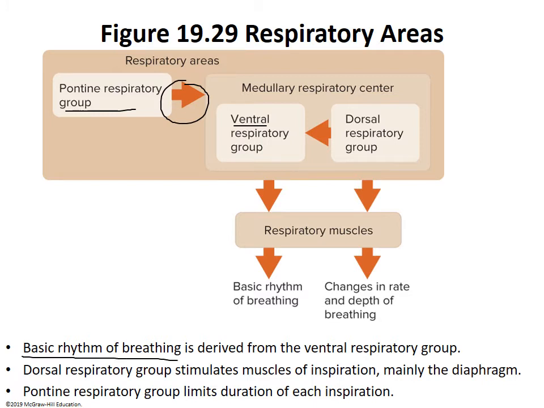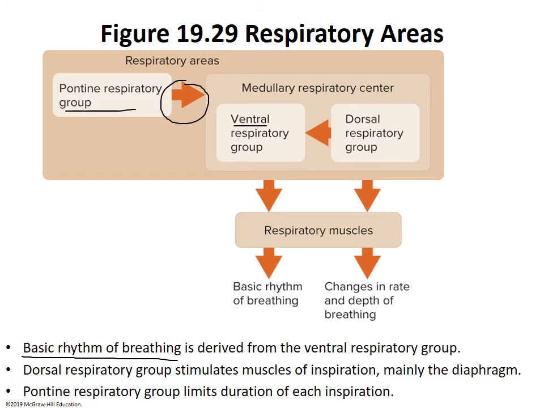And so right up front, you've got a maestro kind of, you know anything about an orchestra, you've got this guy with his back to the audience, and he is controlling all the music. The ventral respiratory group is controlling the music. Now, you've probably heard, pay no attention to the man behind the screen, because a lot of times there are people behind the scenes that control things.